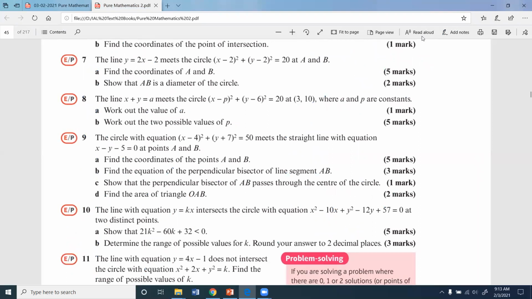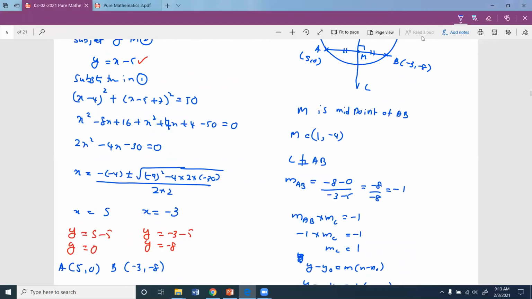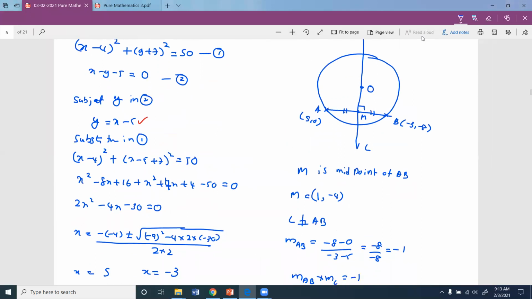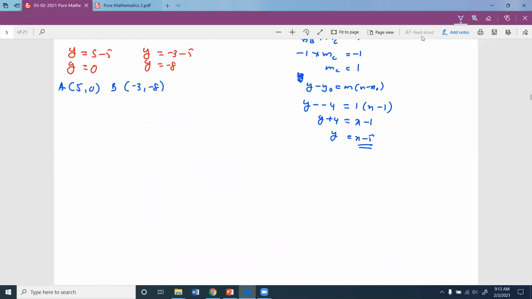So again, this part asks to show that the perpendicular bisector passes through the centre of the circle. That means you have to show that it passes through the centre of the circle. Initially, we need to find the centre of this circle. The equation of the circle is (x minus 4) squared plus (y plus 7) squared equals 50.